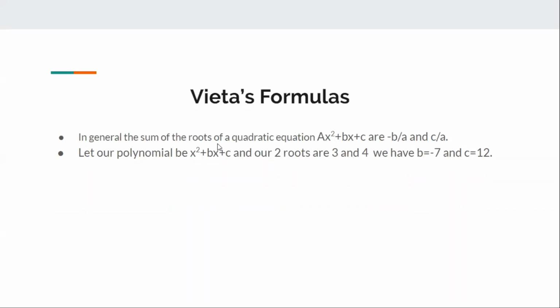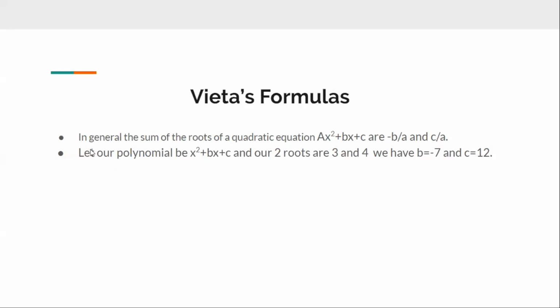Okay, so these are Vieta's formulas. In general, the sum of the roots of a quadratic equation is -b over a. That's from Vieta's formulas, and you can prove it by factoring. And the product of the roots is c over a.